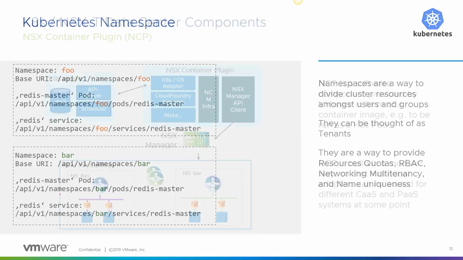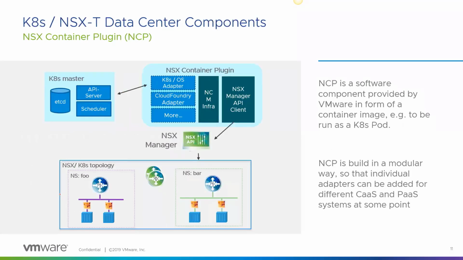All this said, it's important to note that NSX's role in all of this is to provide networking and security for all things beyond just virtual machines. Now we're talking containers. As of version 1.1 or so, we introduced the NSX Container Plugin, or NCP.